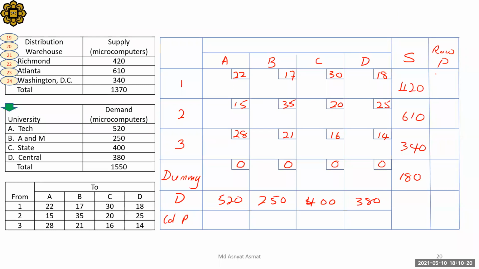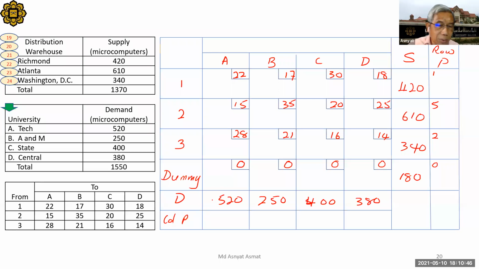What's the row penalty? 1. The second one? 5. The third one? 2. Here? 0. And column 1? 7.